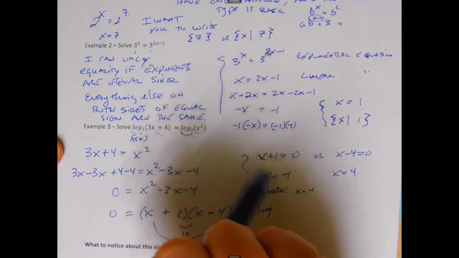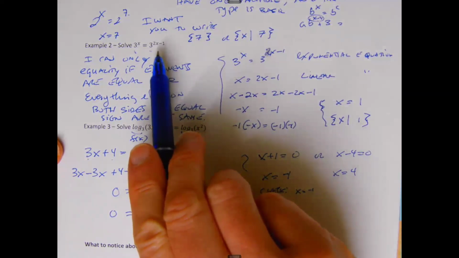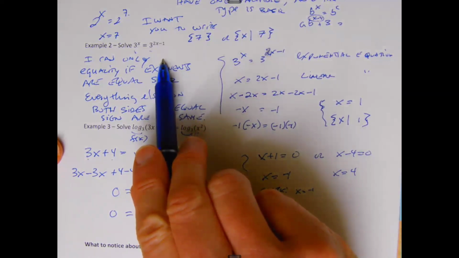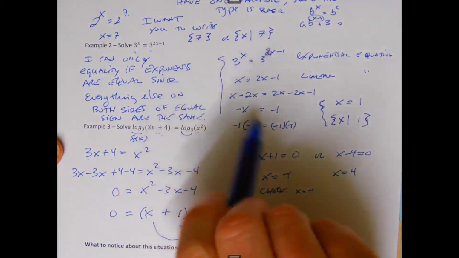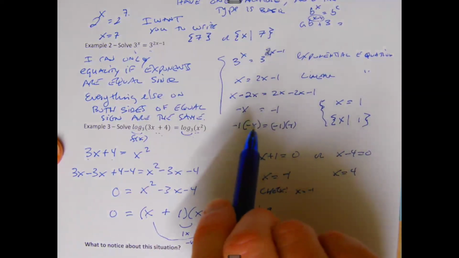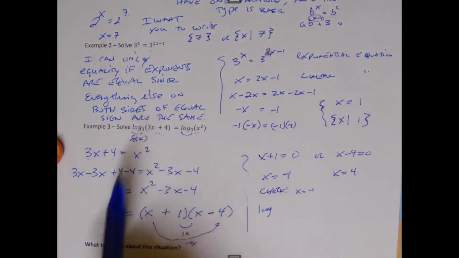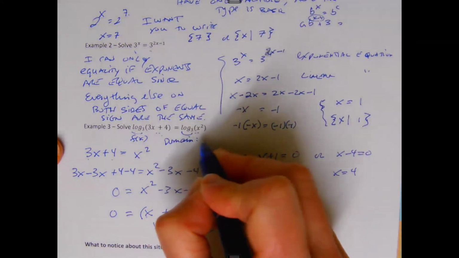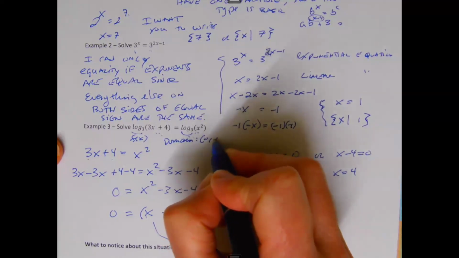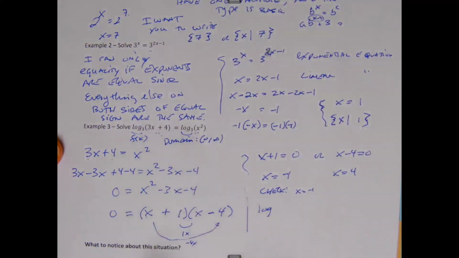So I should check also, but the domain here is everything, and because it is everything, I'm assured that if I didn't mess up, the answer I get is going to work. But this is not true of the logs. Logs have a restricted domain. The domain of the basic log is 0 to infinity. So is it possible to produce an answer that doesn't fit into this narrative? And the answer is yes.